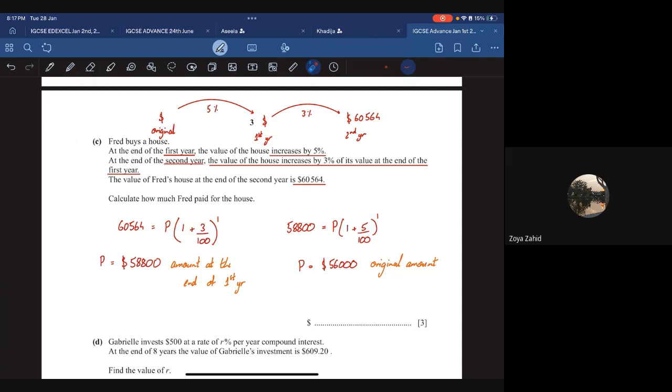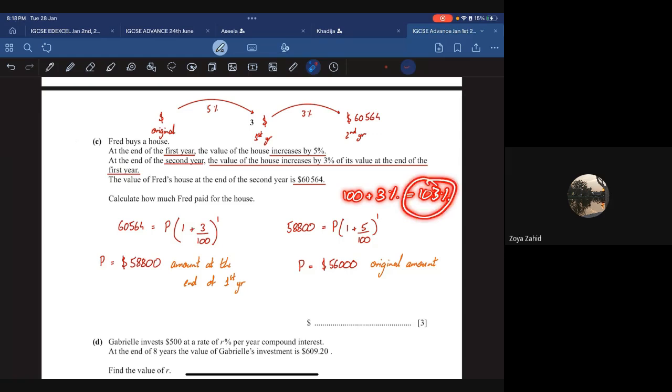Let's look at the other way of doing it. You could have done it in the same way as percentage increase or decrease. So you could have said that if this is X, then X has a 103% increase and the value becomes 60564. Having a 3% increase is what? 100 plus 3%, so that becomes 103%.